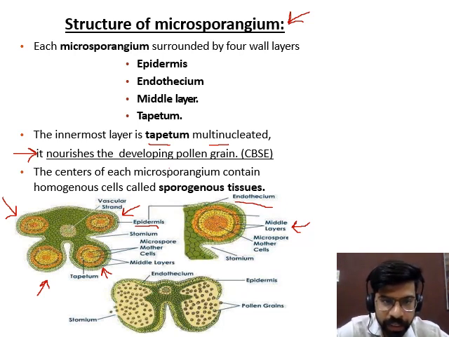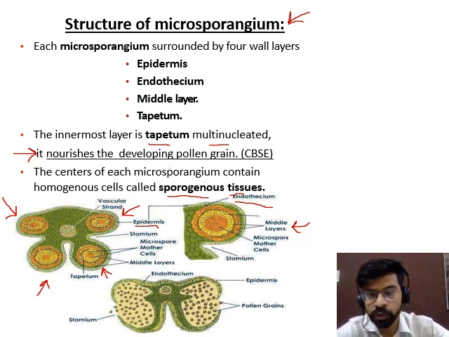And each microsporangium contains a group of cells combined to form a sporogenous tissue. Sporogenous tissue is that which helps in the formation of spores.